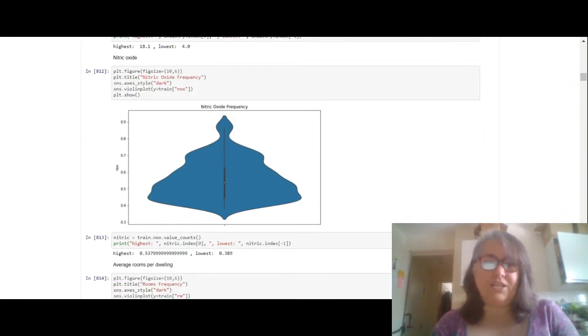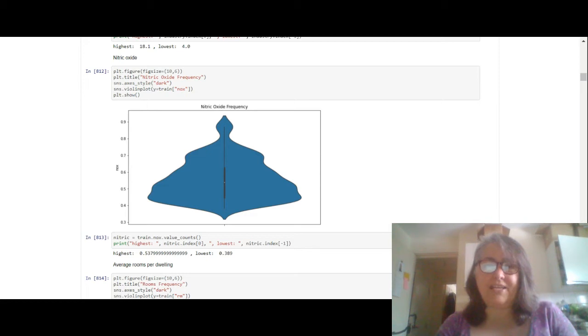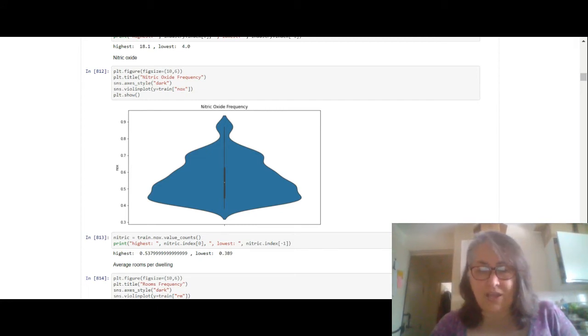The next thing we're going to check is nitric oxide, because this paper that was written was an environmental paper, so it was to do with nitric oxide. And so there's a violin plot of the nitric oxide, and the highest value is 0.53, and the lowest value is 0.389.